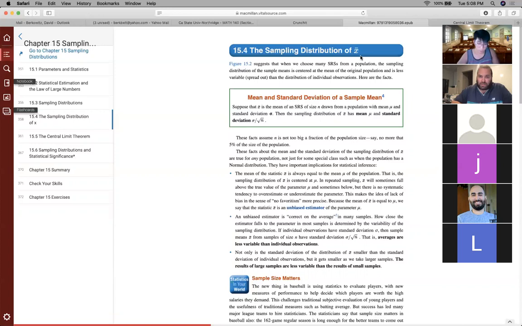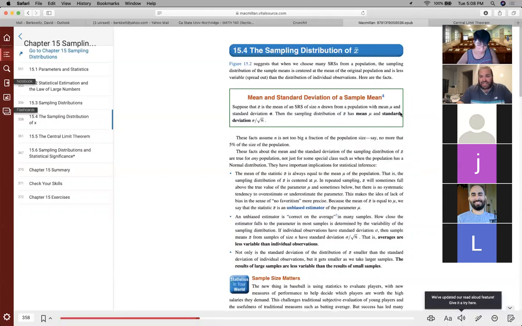Right? So if the mean is mu and the standard deviation is sigma for X, the original one, then X bar has the same mean, but what happens to the deviation? What happens to sigma, to the standard deviation of X bar as the sample size gets larger?